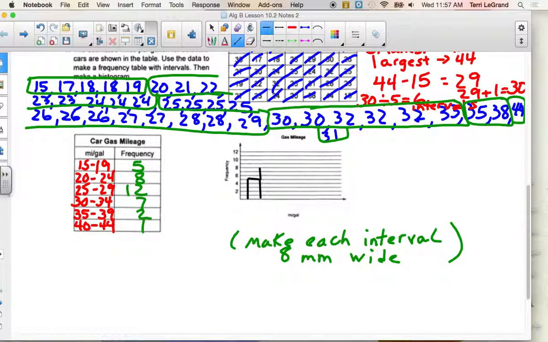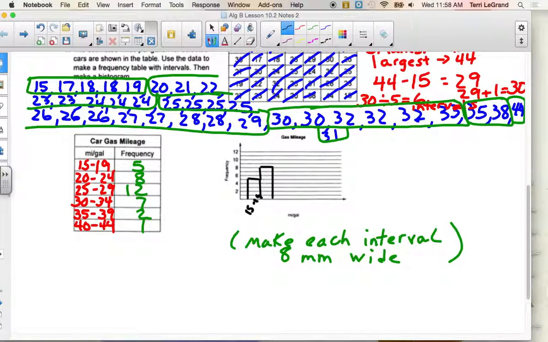I seriously made mine 8 without knowing, except the very last one was 7. Now, it might be worth taking the time to take your pencil and write down that this first interval is the 15 to 19, underneath it.